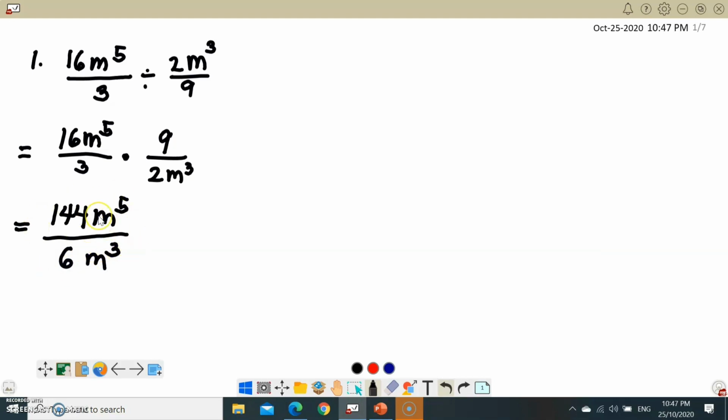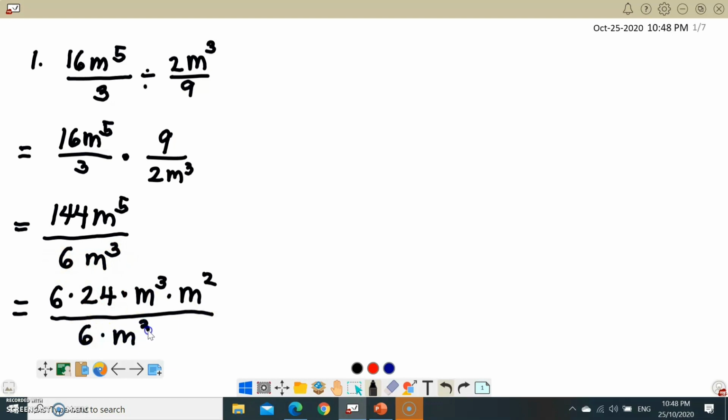Then we simplify. To simplify, factor the numerator, factor the denominator, cancel out common factors from the numerator and the denominator whose quotient is equal to 1. So what are the factors of 144m raised to 5? We now have 6 multiplied by 24 multiplied by m cubed multiplied by m squared, over factors of 6m cubed, which is 6 multiplied by m cubed.